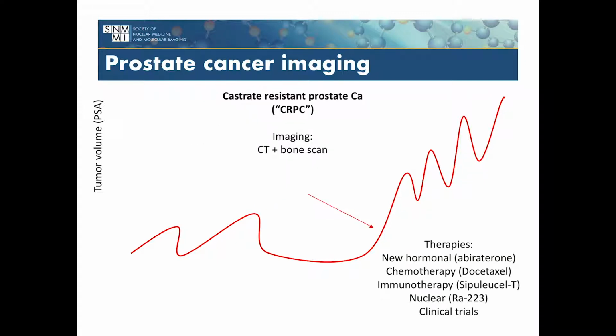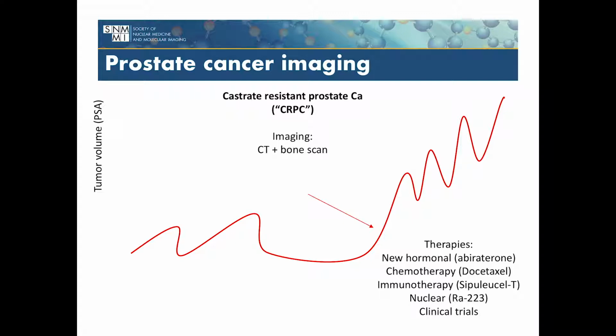And usually after that salvage radiation or hormonal therapy, most patients will then again have a response for a period of time. However, in most cases, eventually that will go on to progress to a phenomenon we call castrate-resistant prostate cancer, meaning it's now resistant to hormone therapies. And in that case, again, CT and bone scan can be used to look for sites of metastatic disease, like we were just discussing.